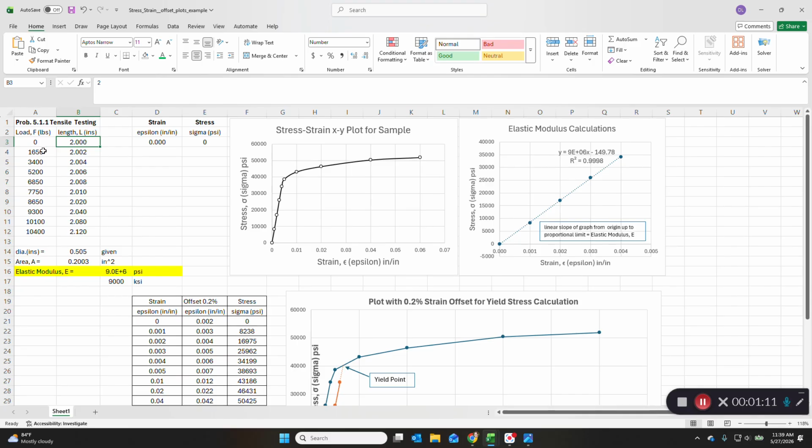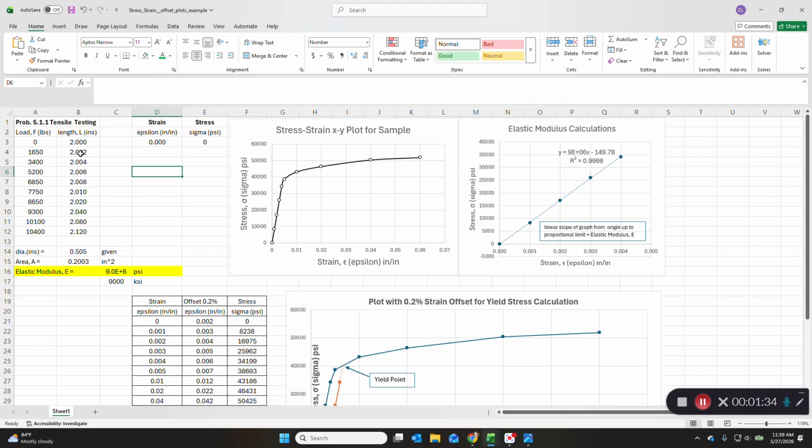You can see with each successive added force of load to the sample, the length expands, goes into tension, and increases by about 6% from 2 to 2.12 during a 10,000 pound added load. So that data is plotted here on the stress strain plot for the sample.